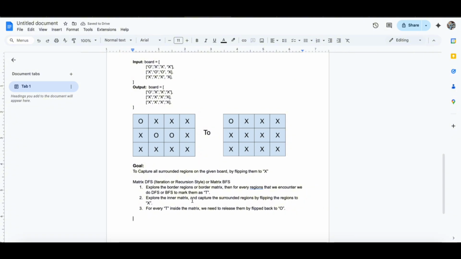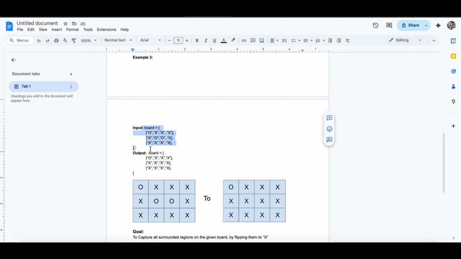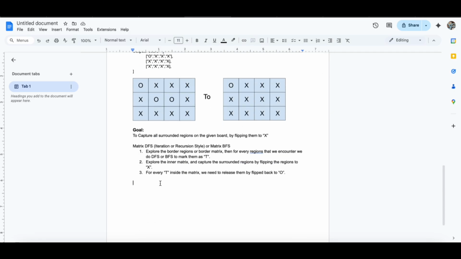Let's take a look at this example, right? How many rows are here? The rows we have is 3 rows. Meanwhile for the column, we have 4, right? Then the first step is we explore the border regions.